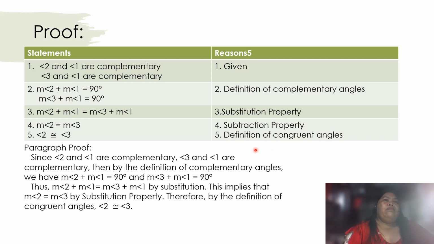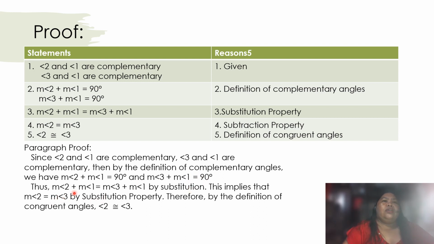So here is a paragraph proof. Since angle 2 and angle 1 are complementary, and angle 3 and angle 1 are complementary, then by the definition of complementary angles, we have measure angle 2 plus measure angle 1 is equal to 90 degrees, and measure angle 3 plus measure angle 1 is 90 degrees.